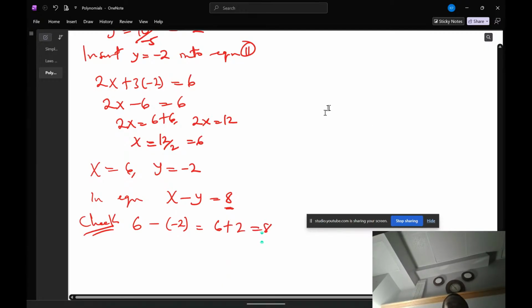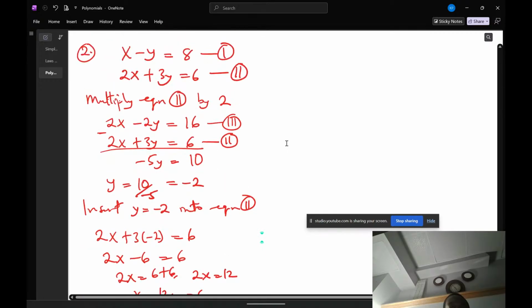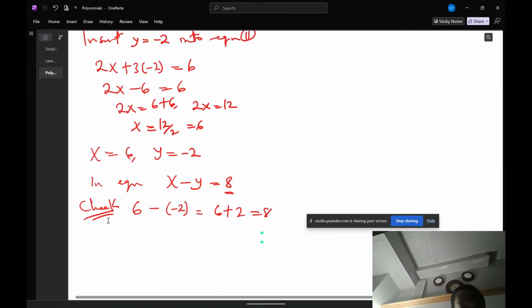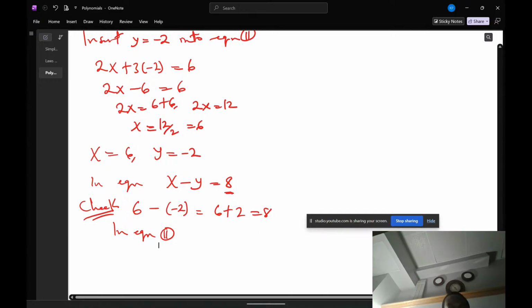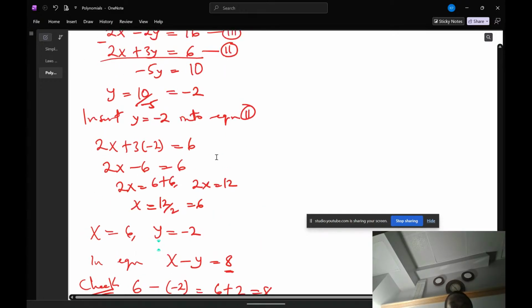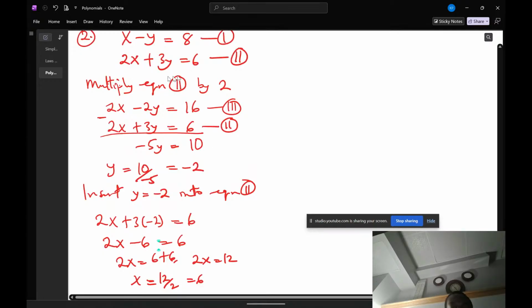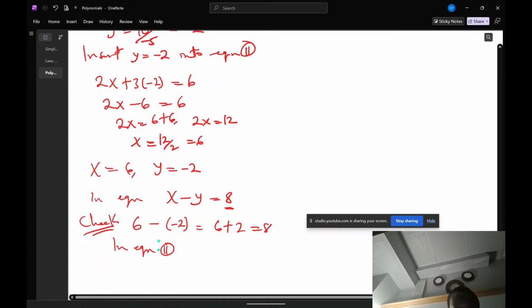Now let's check it again in equation 2. When we insert the answers for x and y, we must make sure that 2x plus 3y is equal to 6.